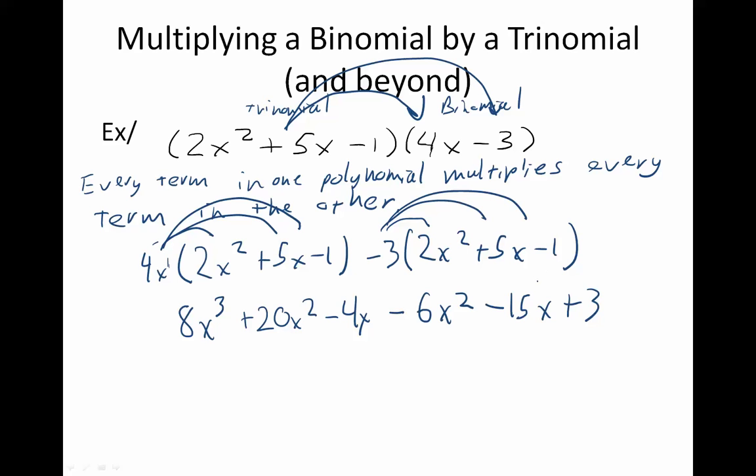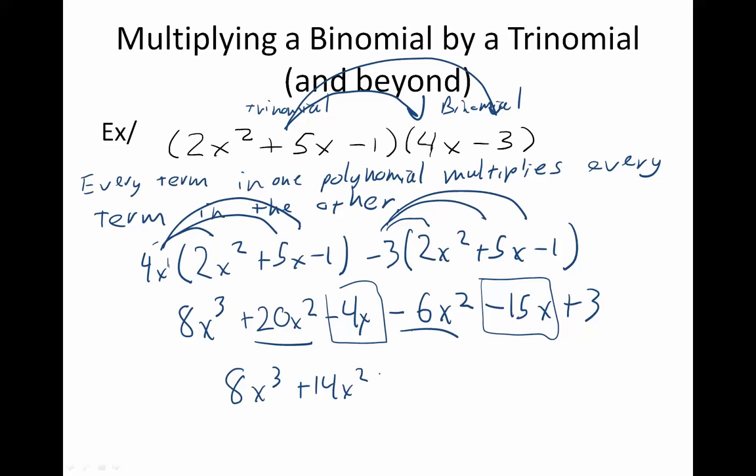Now the last thing we should do is combine any like terms. Notice that we have x squareds to combine here and negative regular x's to combine there. So this is 8x cubed. Let's see, 20x squared minus 6x squared is plus 14x squared.